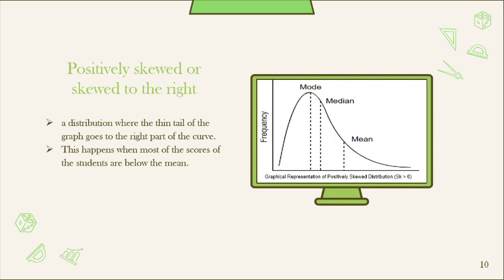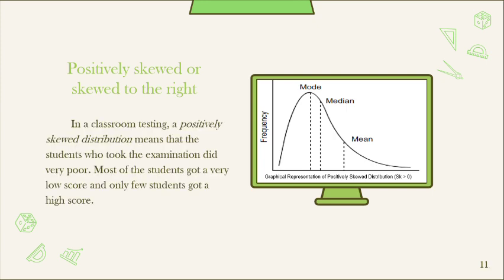Yung mean, yun yung average niya, right? Mapapansin nyo sa graph, yung may pinakamaraming score is nandoon sa negative side ng mean. Ibig sabihin, hindi maganda yung performance ng mga students. So, in a classroom testing, a positively skewed distribution means that the students who took the examination did very poorly.